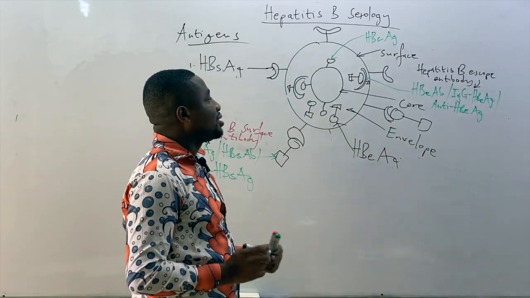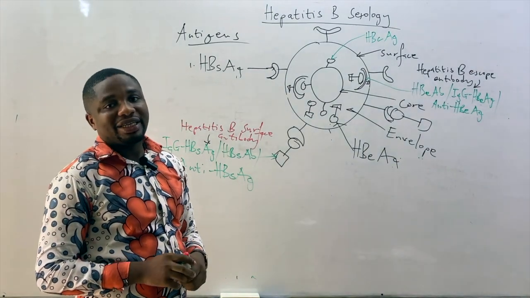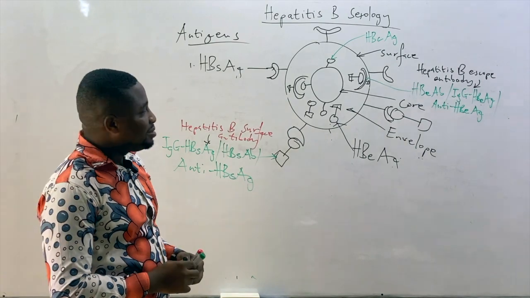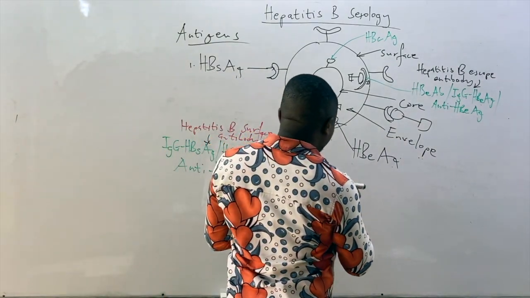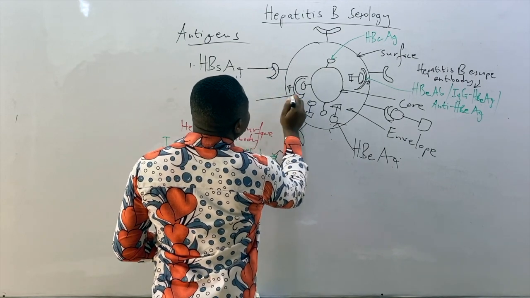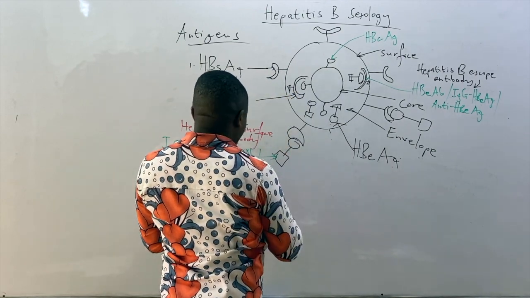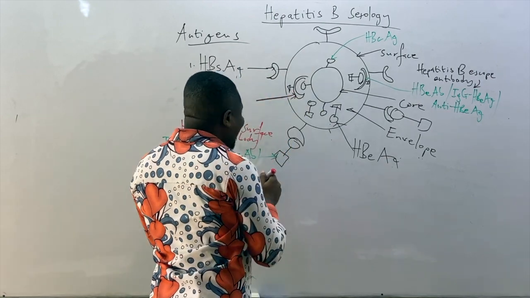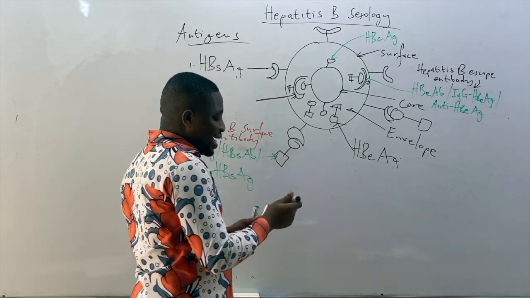Okay, so that's the antibody against hepatitis B escape antigen. Now let's look at the last antibody. For the last antibody, which will be here, you can see that this particular one is working against the core antigen.